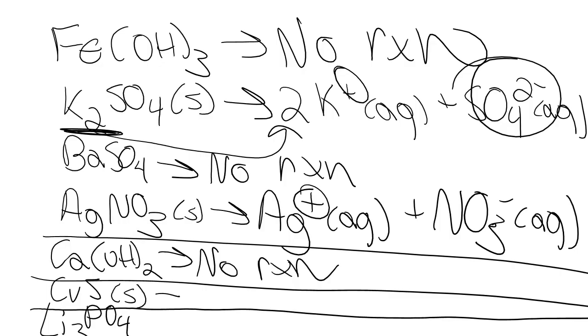So CuS, I'm looking at S, and it says generally insoluble. And then copper doesn't have any exceptions with that, so again, that's no reaction. And then lastly, we've got lithium phosphate. If we look at phosphates, it says insoluble except when paired with Li, Na, K, or NH4.